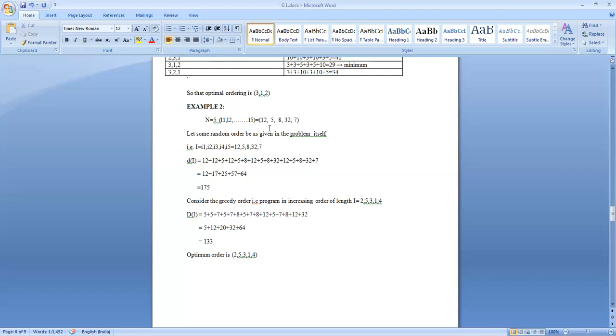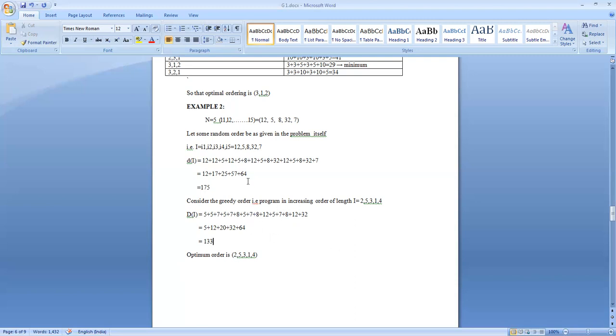Then the first program, 5, 7, 8, 12. Then the last program, 5, 7, 8, 12, 32. When you add all these values, you get 133, which is much less than 175. So the optimum ordering is 2, 5, 3, 1, 4. First store the second program, then the fifth, then the third, then the first, then the fourth program in the magnetic tape.